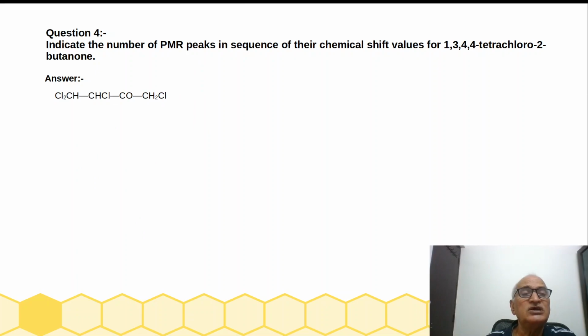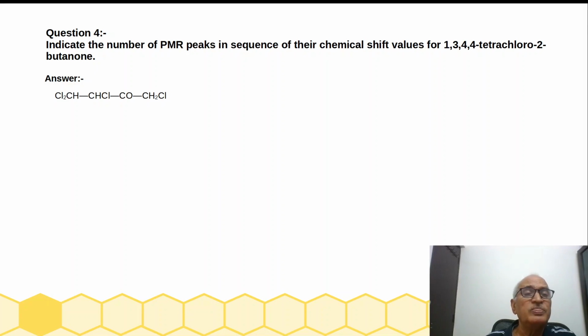You can see there are hydrogen atoms in 3 different chemical environments. CH2Cl, 2 hydrogen atoms in the same chemical environment. CHCl, 1 hydrogen atom in a different chemical environment. Cl2CH, one hydrogen atom in a different chemical environment.